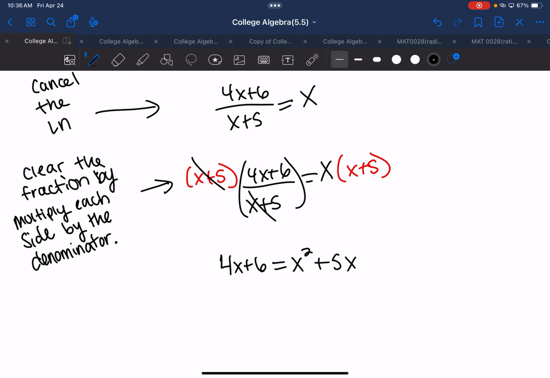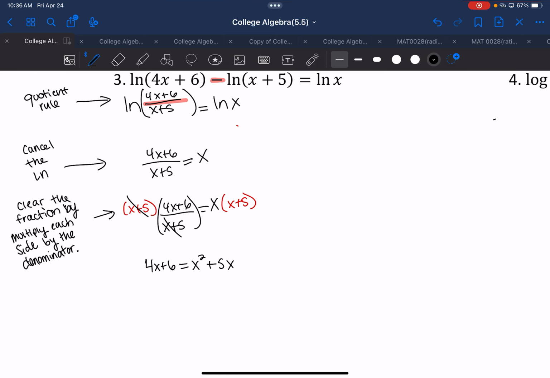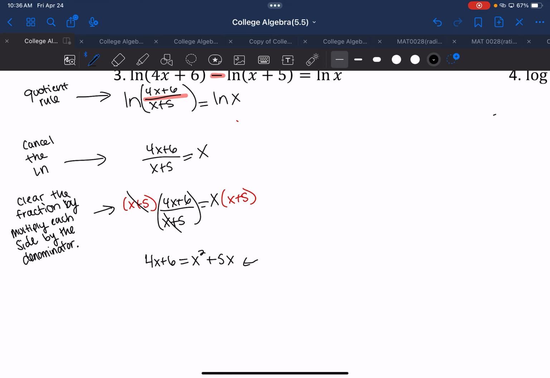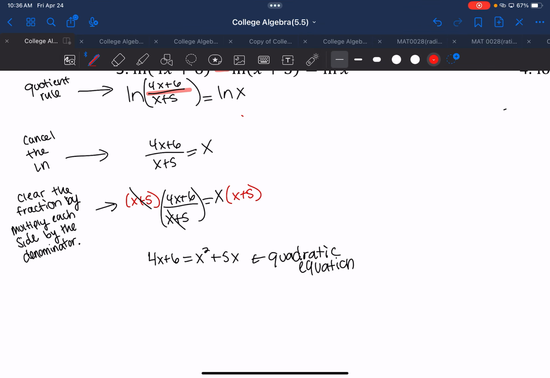And now this is another quadratic equation. So we're getting some practice with the quadratic equations here, which you will definitely have on your exam. And I know it's quadratic because it has an x squared. The first step in solving a quadratic equation is to get it equal to 0.